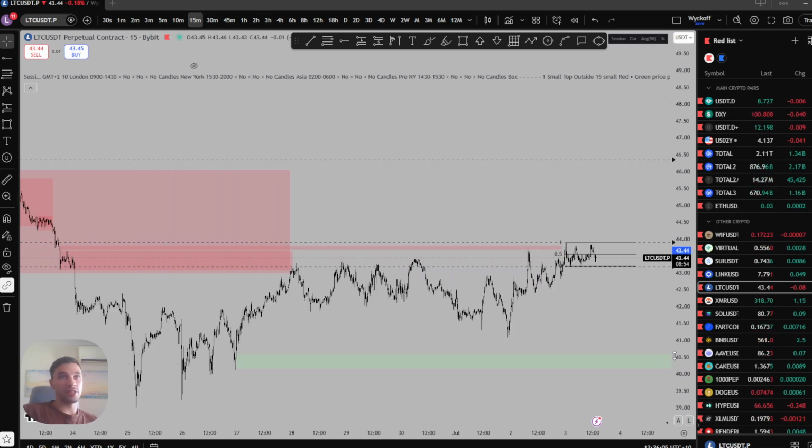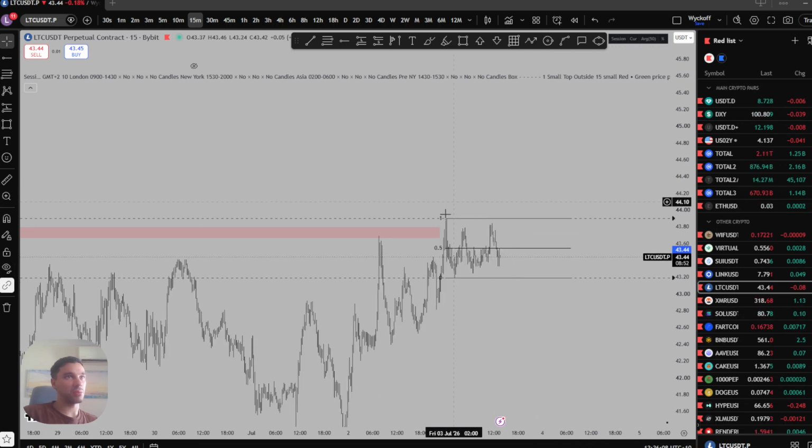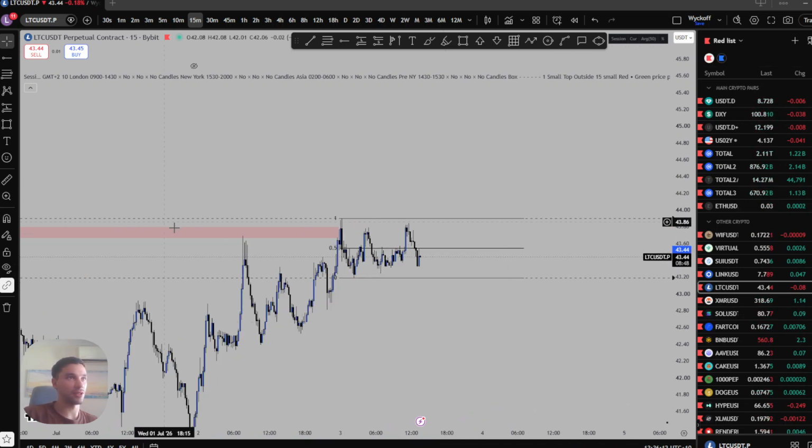The only thing for Litecoin is this, but this is probably going to fail. So I'm just going to let price do its thing. And then you also have this range here, which is kind of like tap 1 here, tap 2 here, tap 3, but then this swept this. So it's an invalid model 2.